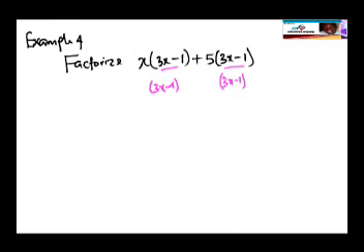And when I pull out the common binomial, according to my factorization, anything that is common, you pull it out. It is the highest common factor because that's the only thing that can go out. Assuming there is another thing here in the coefficient that can go out, fine, you pull it as well. But in this case, we'll take it out. So we have 3x minus 1 that goes out.